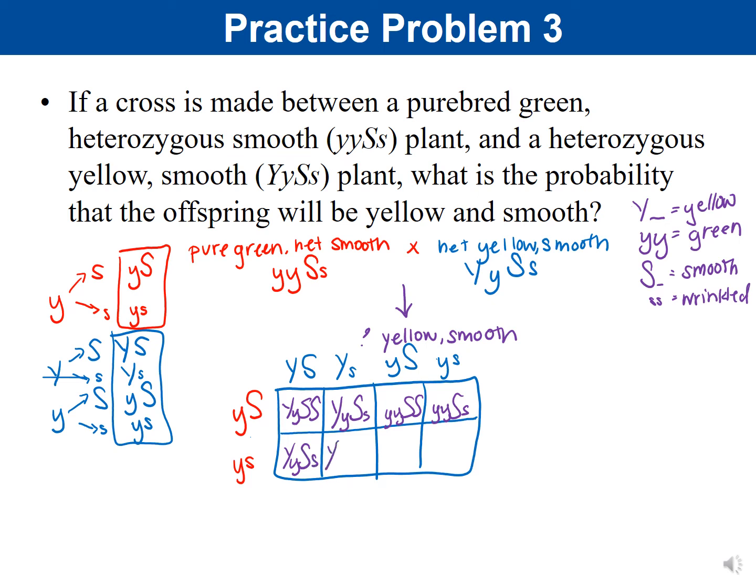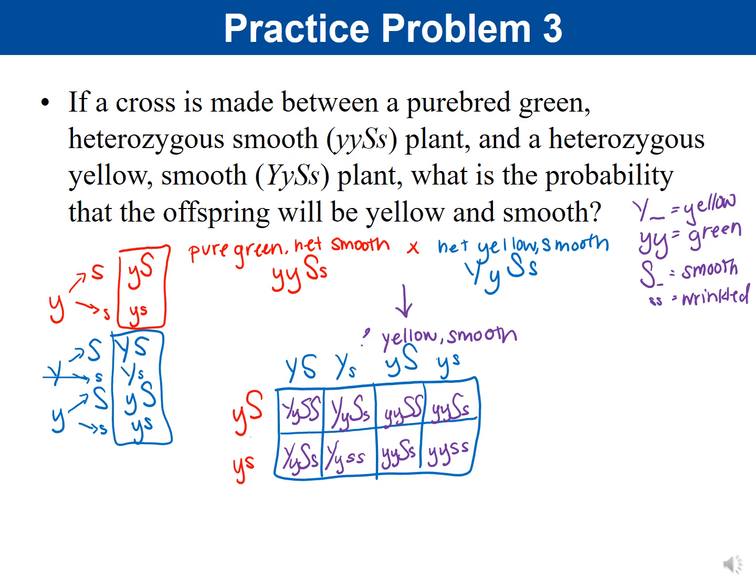Big Y, little y, big S, little s. Big Y, little y, little s, little s. Little y, little y, big S, little s. And then lastly, we have little y, little y, little s, little s.